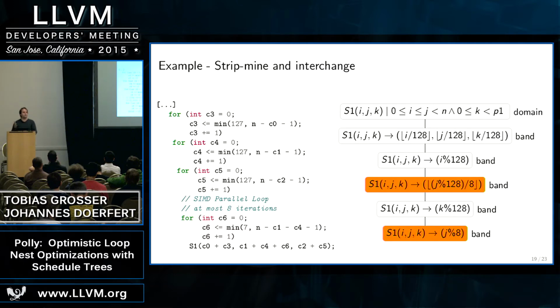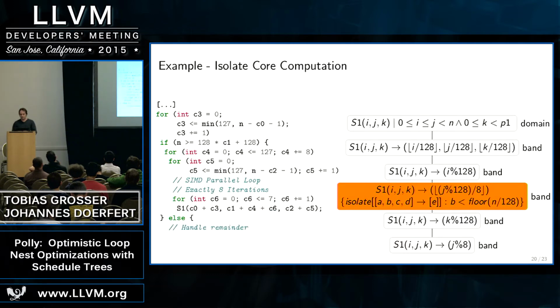And most likely you can write this yourself for a lot of things. But what we do is we have some kind of generic facility which just says, please separate whatever is a full tile or a full vector operation from whatever is not. And like this, you get the simple vector loop, which really always has 8 iterations.